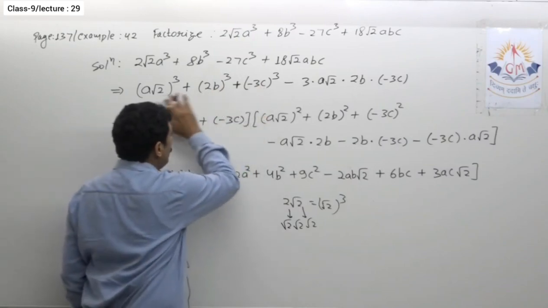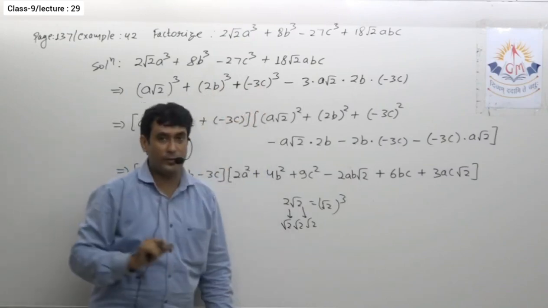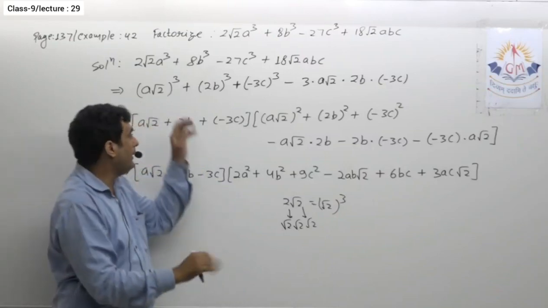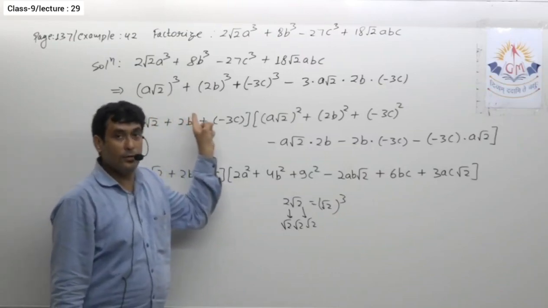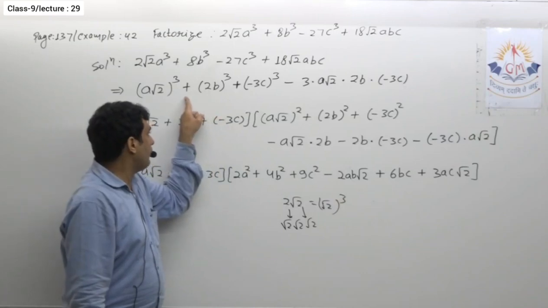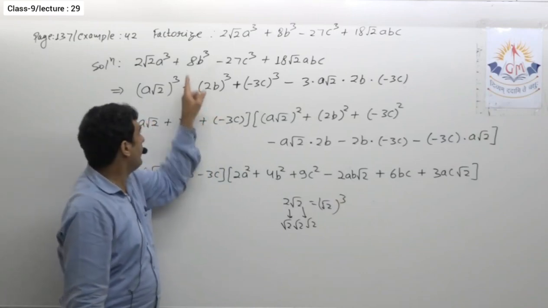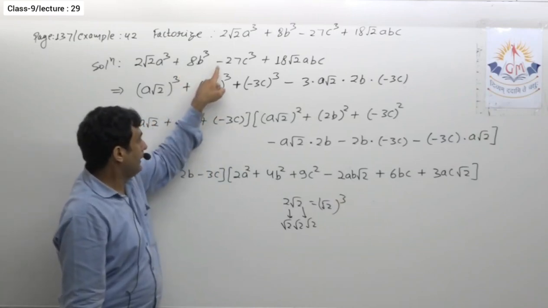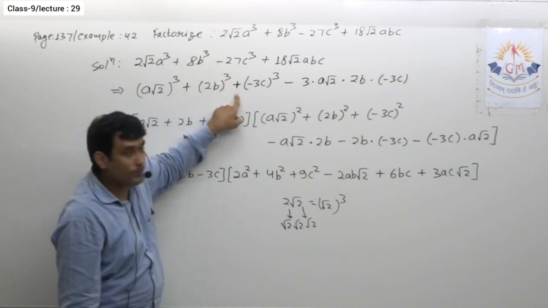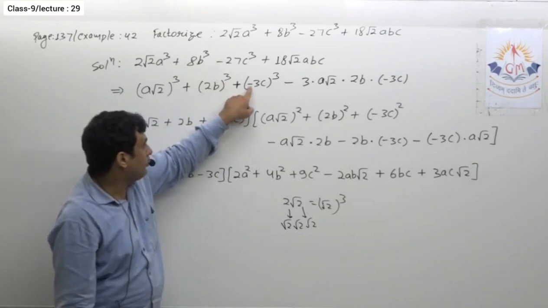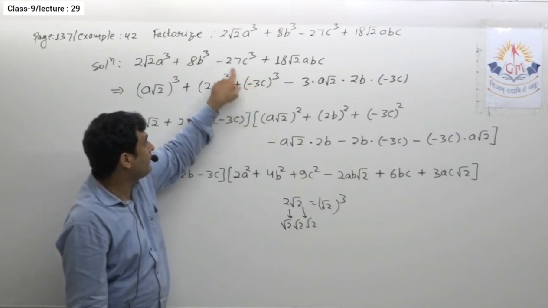I wrote these three terms in the form of perfect cubes because I have the identity in mind, that I have to apply the identity of a cube plus b cube plus c cube. So that's why here I kept plus. Already it was plus only, but here it is negative, still I kept plus, and here I took minus 3c, because when you simplify this you will get the same.